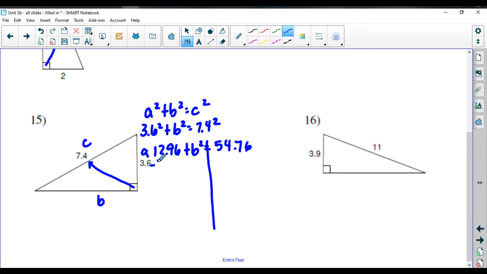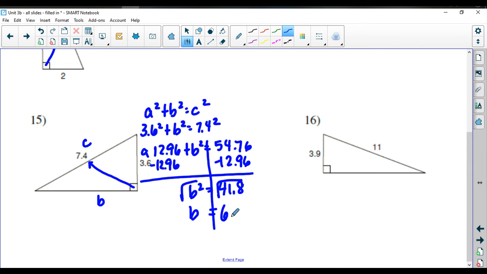So again, I'm going to subtract that 12.96 so that I can get the b squared by itself, minus 12.96. And I get 41.8. So I'm going to take the square root of both sides, the square root of 41.8, rounded to the nearest tenth. So I get 6.465. So it's going to round up to 6.5 then.